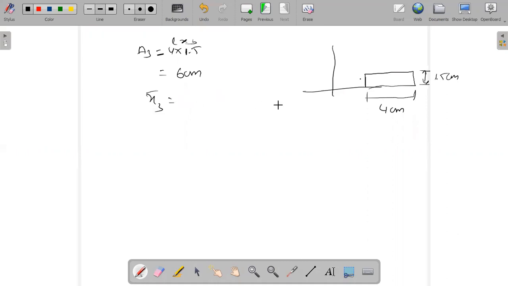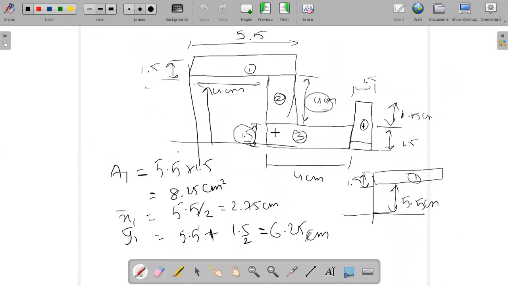Okay, x3 bar. When I take x3 bar, before entering the section, we already have 4 centimeter here. You can check your previous sections in the initial diagram. This 4 centimeter is present before entering the third section itself.